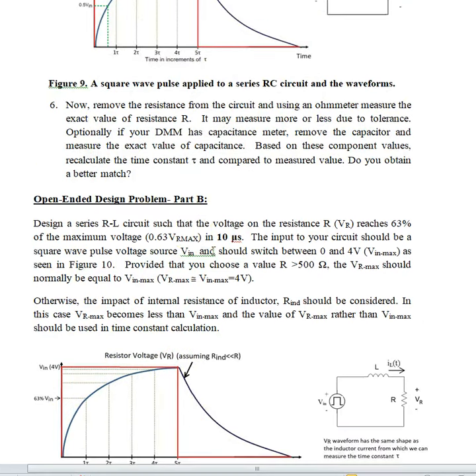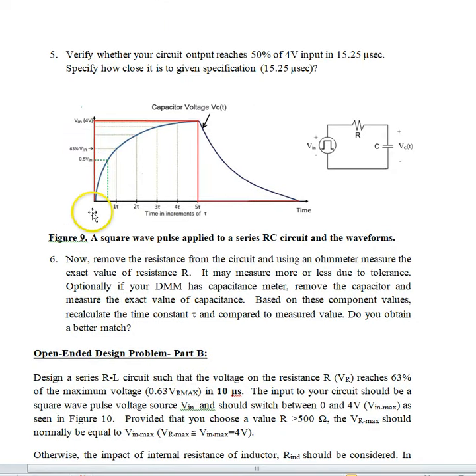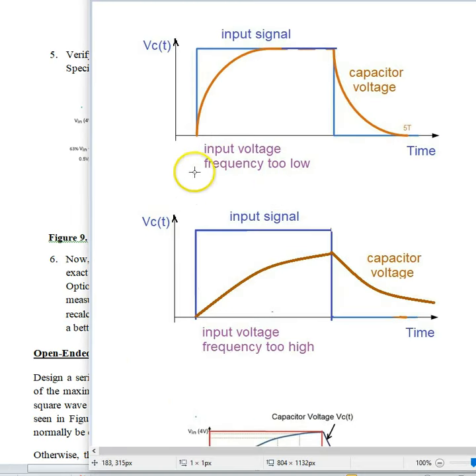Now, to be able to observe the time constant, or tau, from the waveform, we need to set the input frequency such that we can comfortably see these behaviors. In an RC circuit, if the frequency we select is too low, then the capacitor is immediately charging and then immediately discharging.